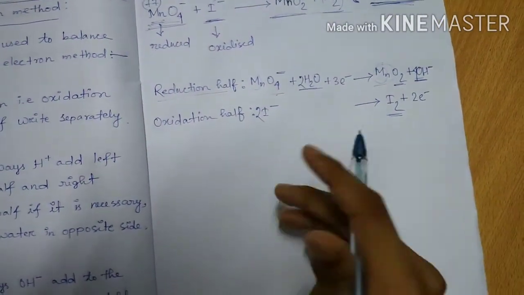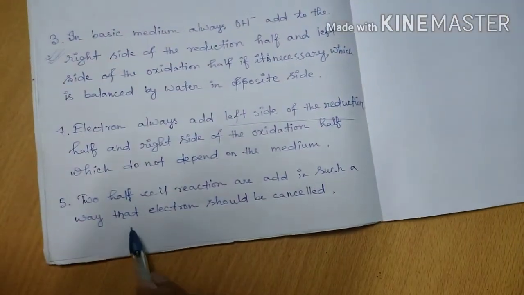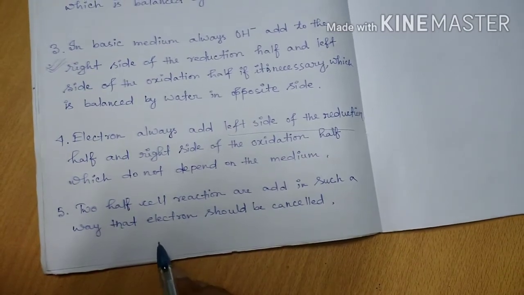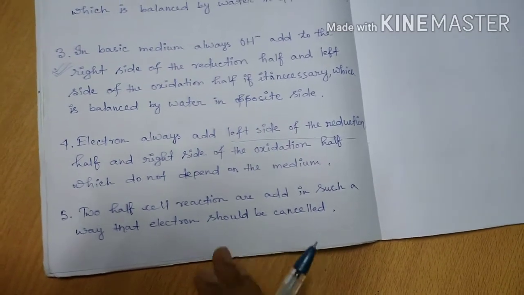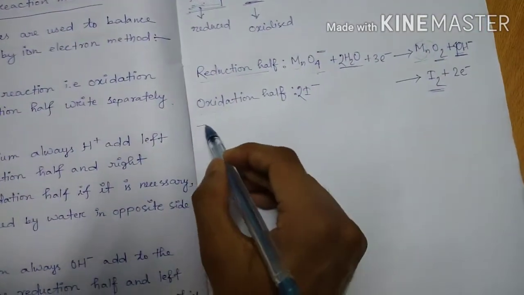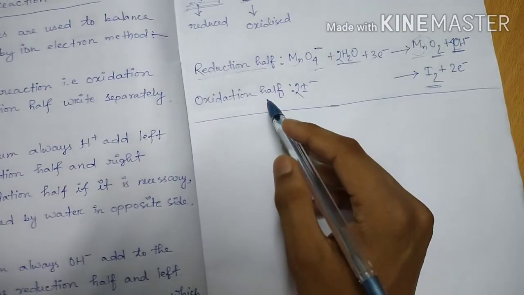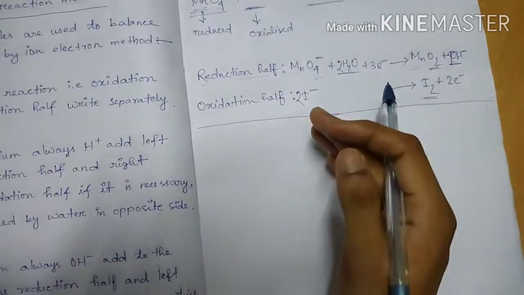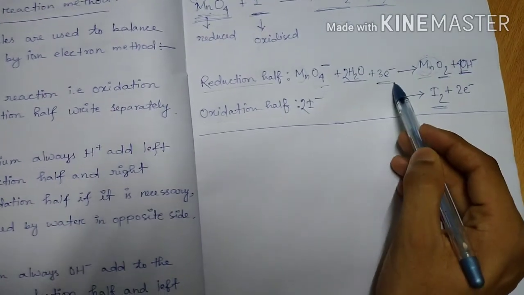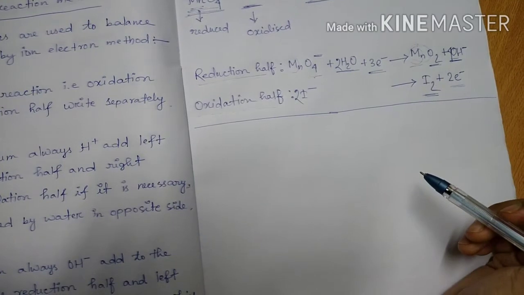Okay, now come to rule number 5. According to rule number 5, two half cell reactions are added in such a way that the electrons should be cancelled. So we have to add these two half cells, that is the reduction half and the oxidation half, in such a way that this number of electrons and this number of electrons get cancelled.